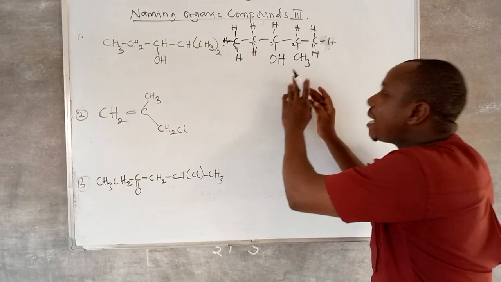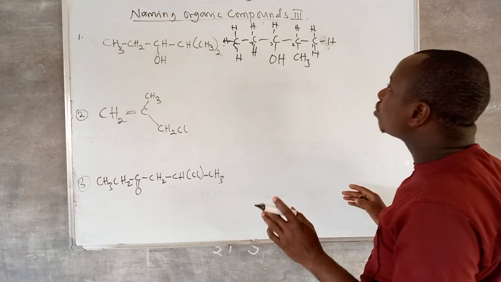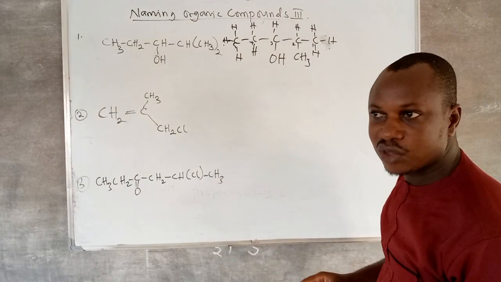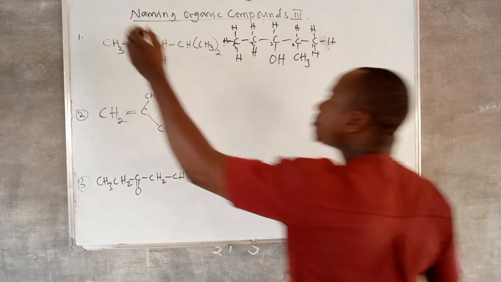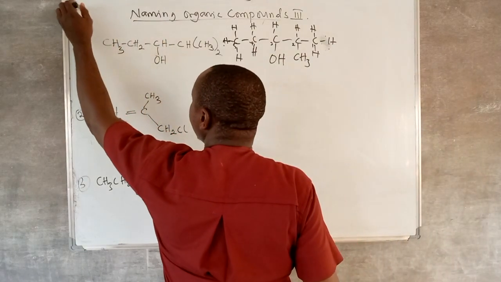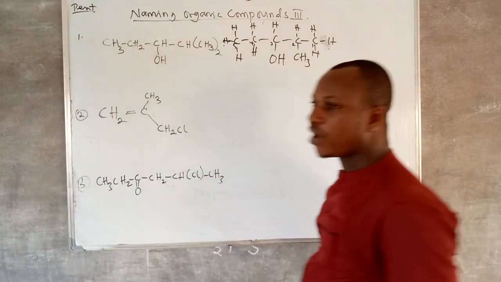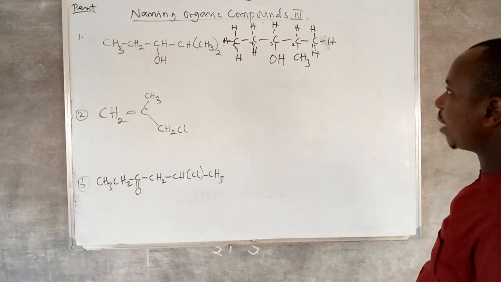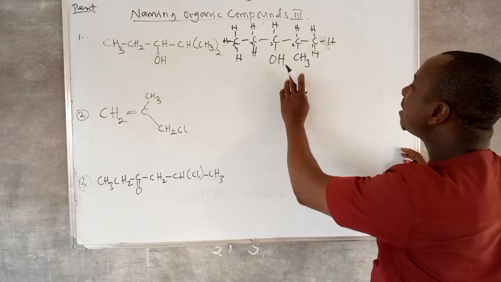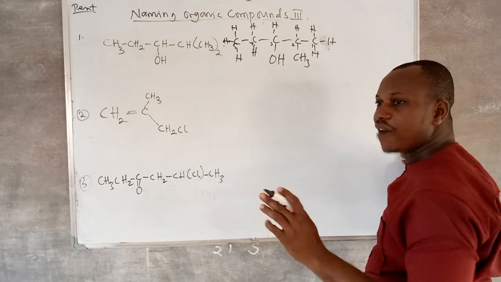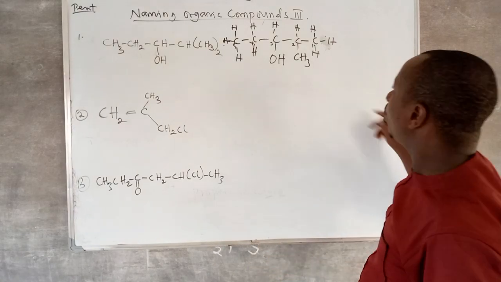So after numbering it now, you know your root hydrocarbon has 5 carbon atoms. And the prefix for 5 carbon atoms is simply pent. Don't forget, I gave you all the prefixes. Now, the name of this one is very simple now, as we have numbered it accurately.